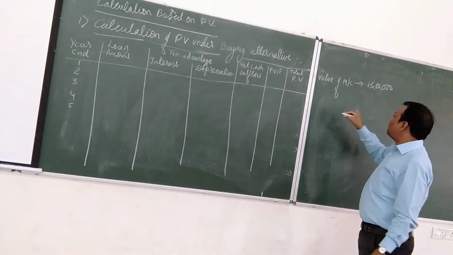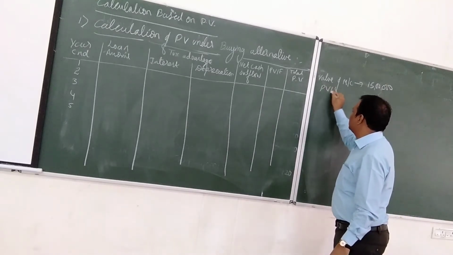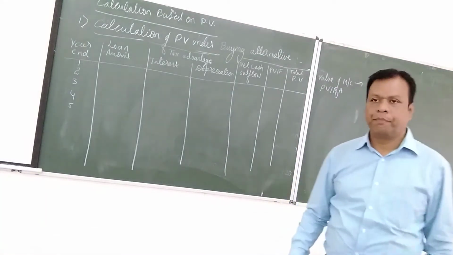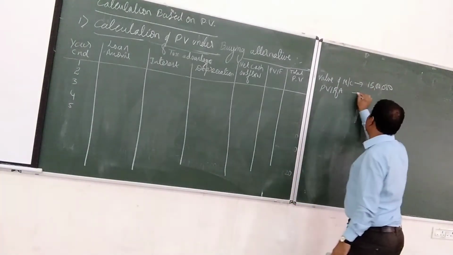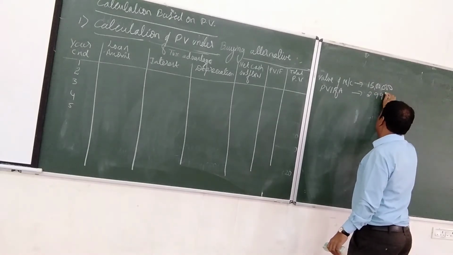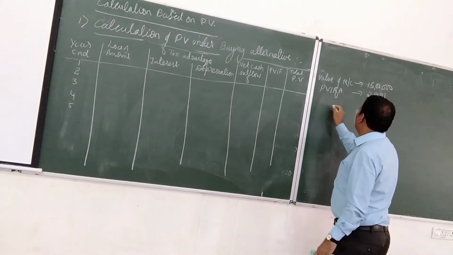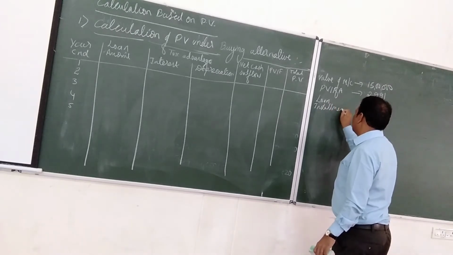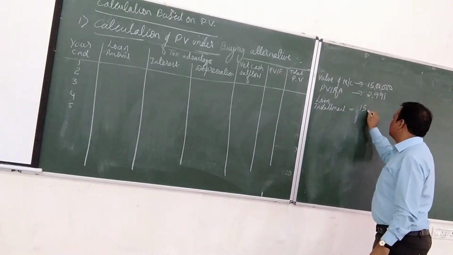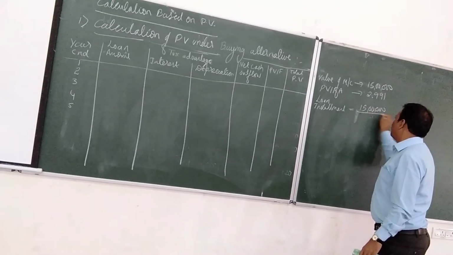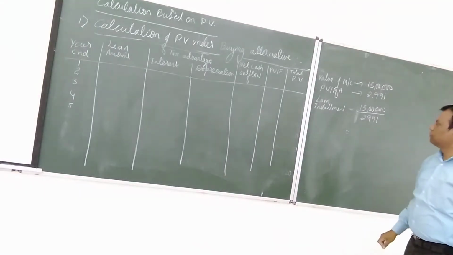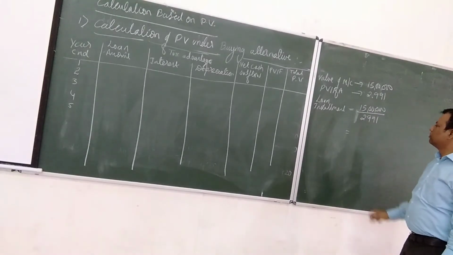Now, what is the present value interest factor annuity? 2.991. So the loan installment amount is equal to 15 lakh divided by 2.991, which comes to about 5 lakh 1,505.